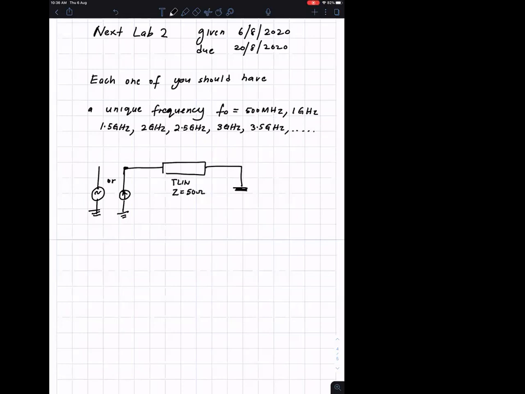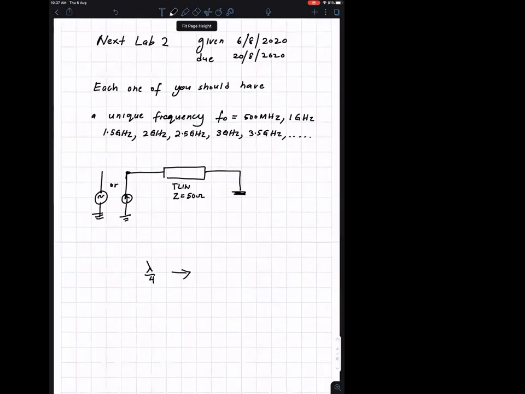And since it's a quarter wavelength, how much is that in degrees? Quarter wavelength converted to degrees is 90 degrees.